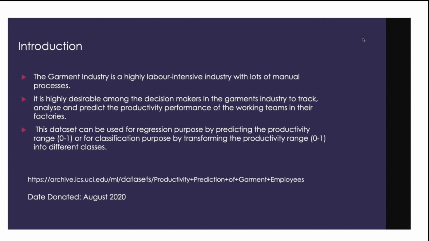For the introduction part, the garment industry is one of the key examples of industry globalization in this modern era. It is a highly labor-intensive industry with lots of manual processes, satisfying the huge global demand for garment products, and it mostly depends on the production and delivery performance of the employees in the garment manufacturing companies.